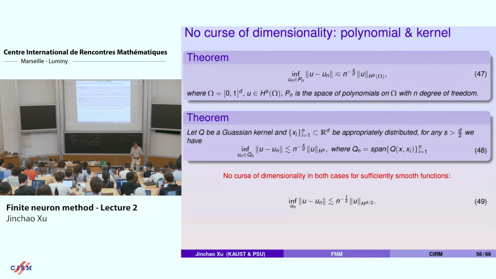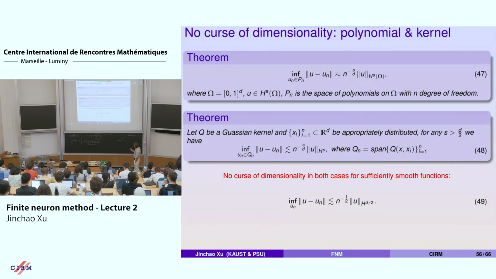If you do polynomials and you have sufficiently many derivatives, then I also get n to the negative any power if you give more derivatives here. But of course, there's something in front of that which also depends on dimension. There are several places that depend on the dimension. The exponent depends on dimension.